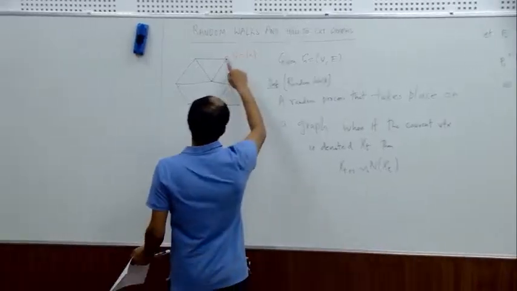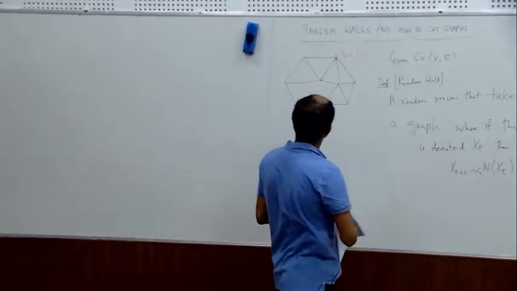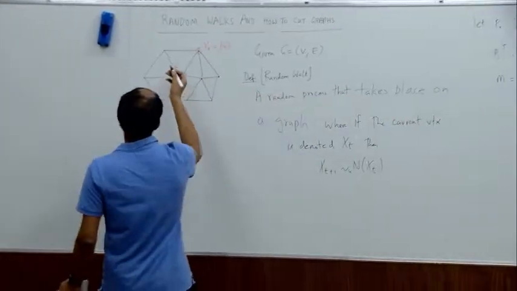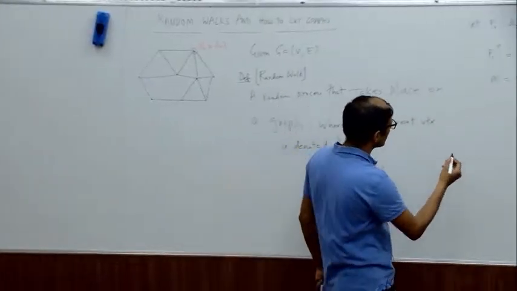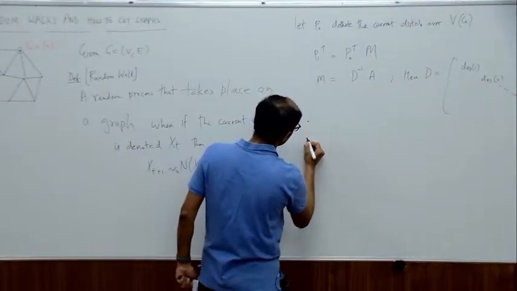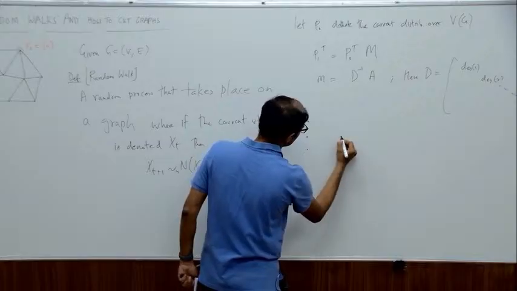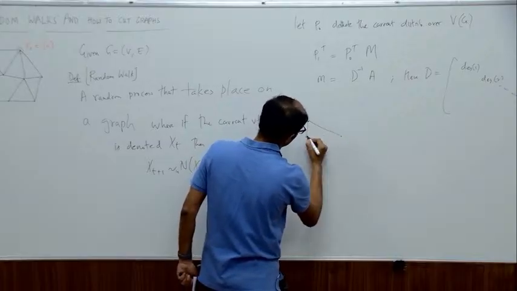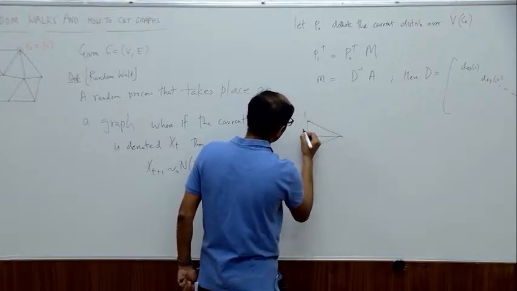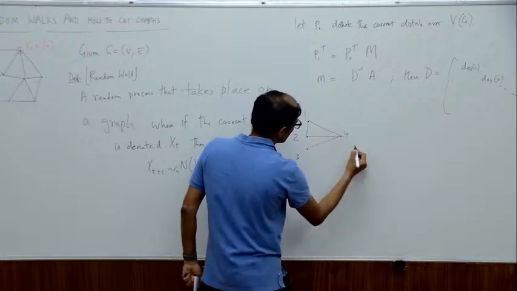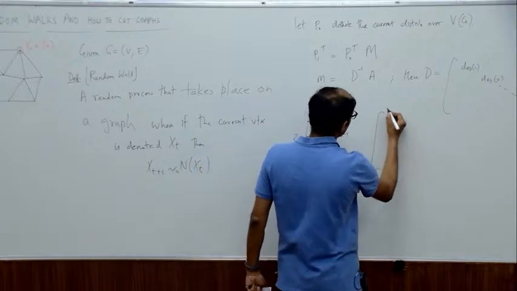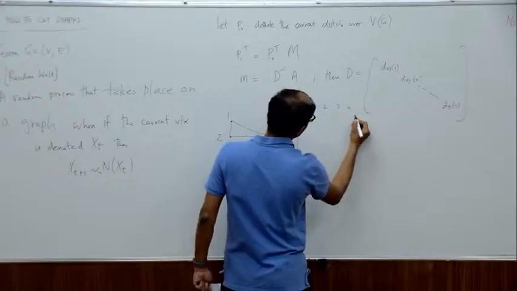So suppose I'm standing at this vertex, alright? Maybe I'll take a shorter example, because this example is a bit too elaborate. So this is my graph. Here is the adjacency matrix. Let's make sure that I get it right.